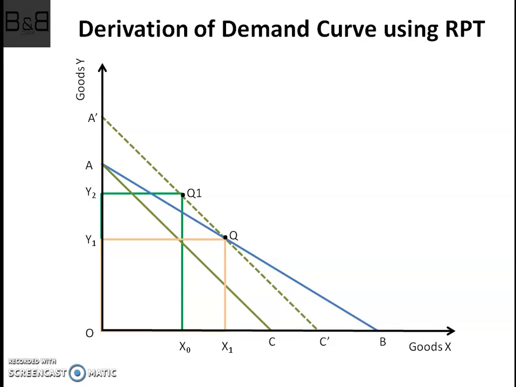This validates the law of demand, which states that, all other things remaining unchanged, when the price of a commodity changes, the quantity consumed will change in the opposite direction. That is, there is an inverse relation between the price and the units consumed for any given commodity.